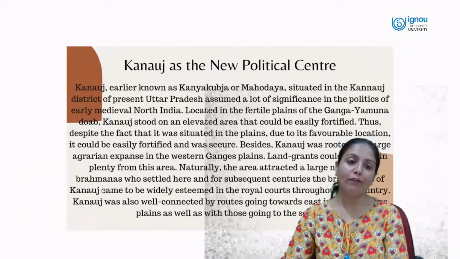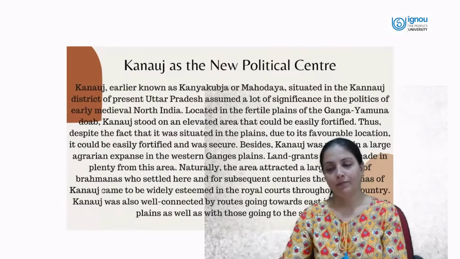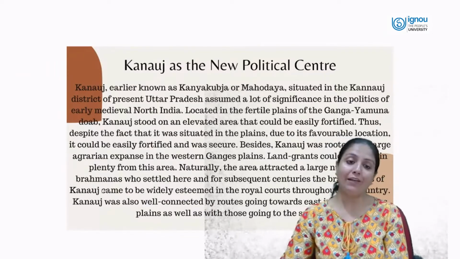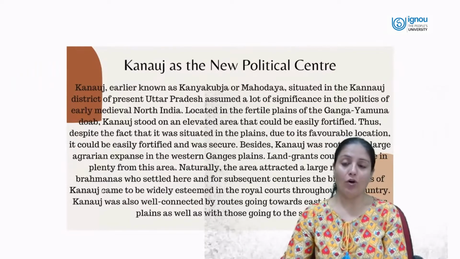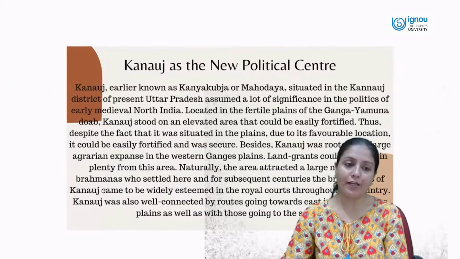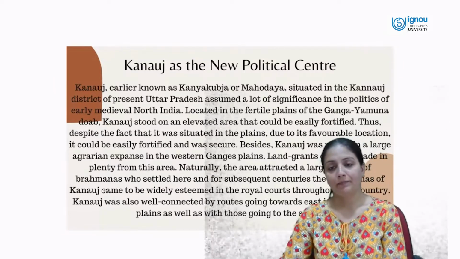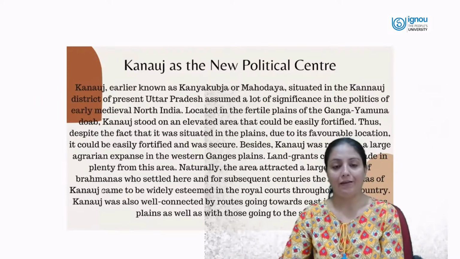Thus, despite being in the plains, due to its favorable location, it could be easily fortified and was secure. Besides, Kannauj was rooted in a large agrarian expanse in the western Ganges plains. Land grants could be made in plenty from this area.